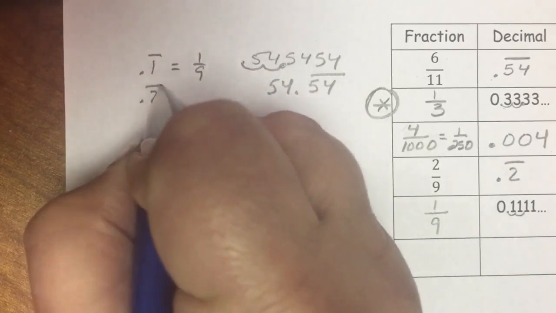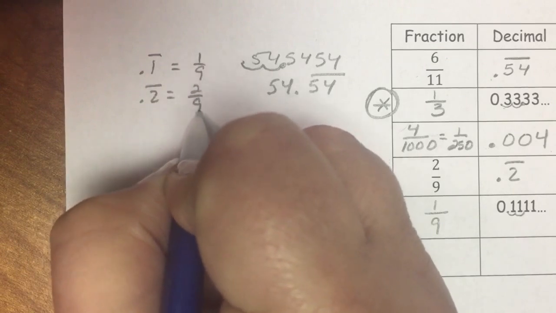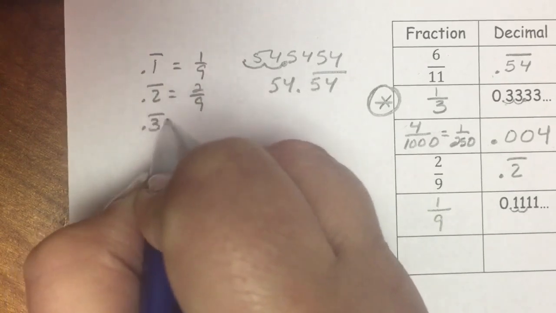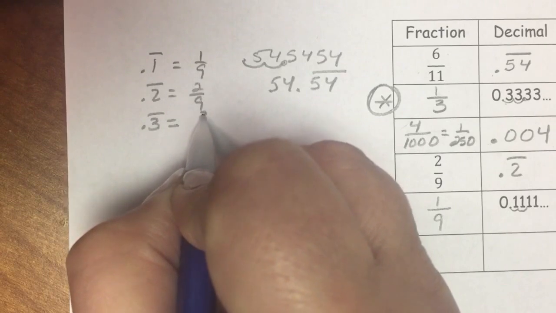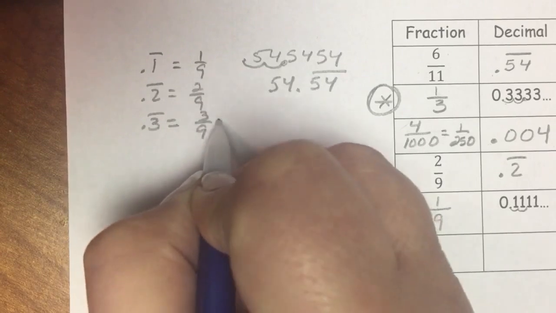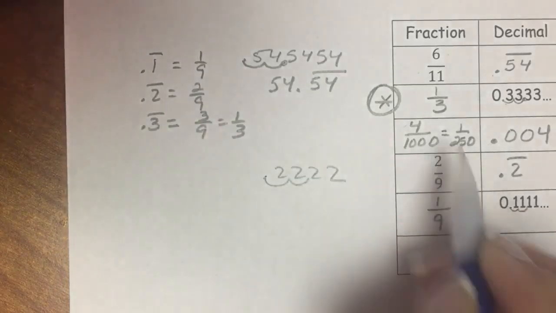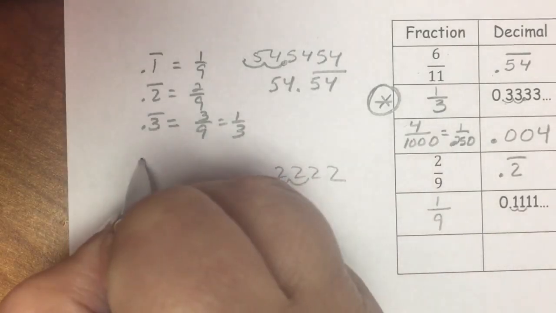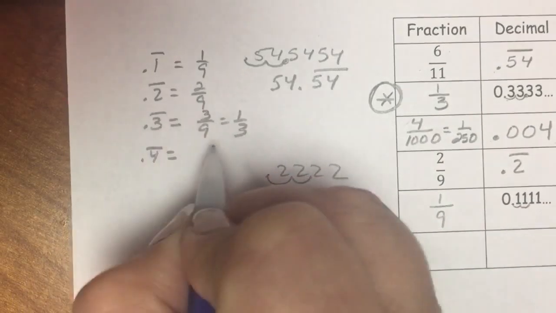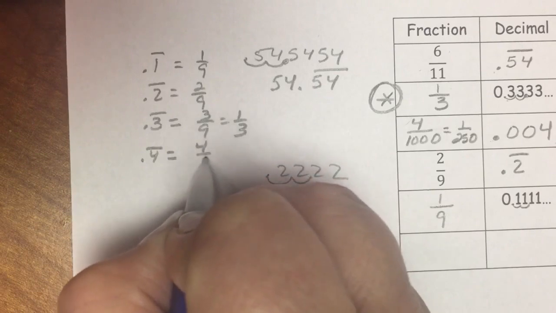We looked at 0.2 repeating. That's 2/9. What is 0.3 repeating? Well, follow the pattern. That's 3/9, which reduces to 1/3, and we looked at that here. What do you think 0.4 repeating is? Take a wild guess. It's 4/9.